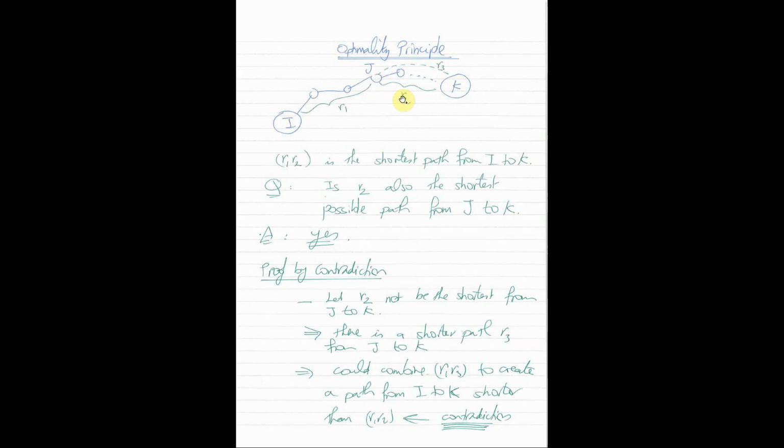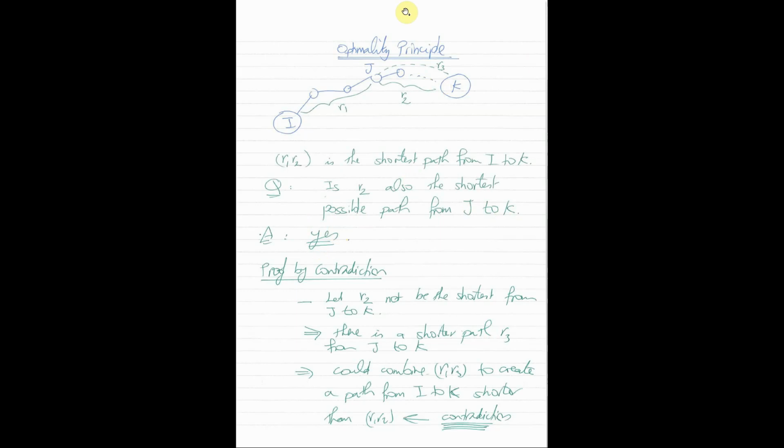What is given to us as a fact? That R1 and R2 combined is the shortest path from I to K. The question is this portion R2 itself: is it the shortest possible path from J to K? The answer is yes.